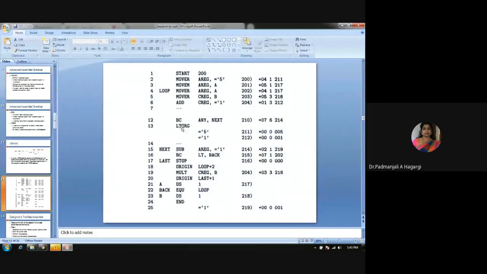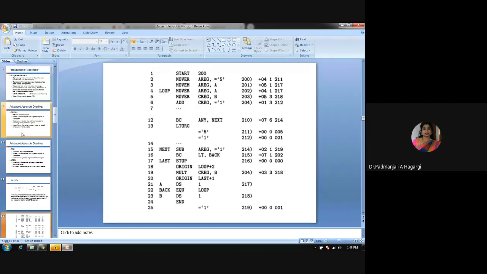But before that, you need to know what LTORG performs, what DS does, what ORIGIN does. Whenever we see ORIGIN, what happens?